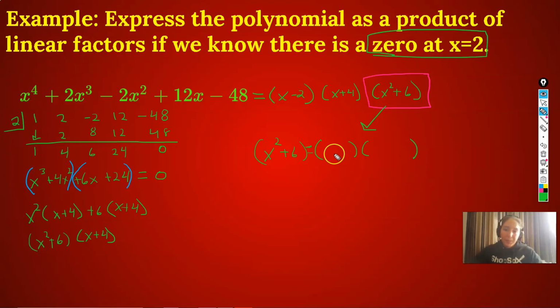Well, we could throw it into the quadratic formula, or we could use our knowledge about complex conjugates. Remember, a sum of squares does not factor in the reals, but it does in the complex. Every number can be considered a square because we could just use its square root. So for instance, if this was a subtraction, we could use x plus root 6 and x minus root 6, and that would get us x squared minus 6, but we have x squared plus 6.